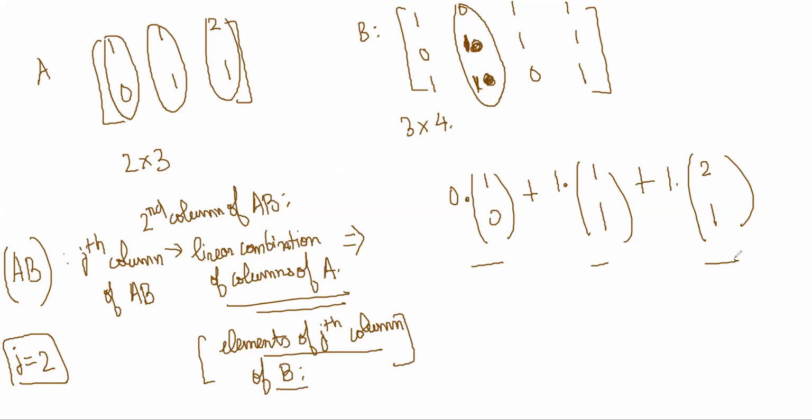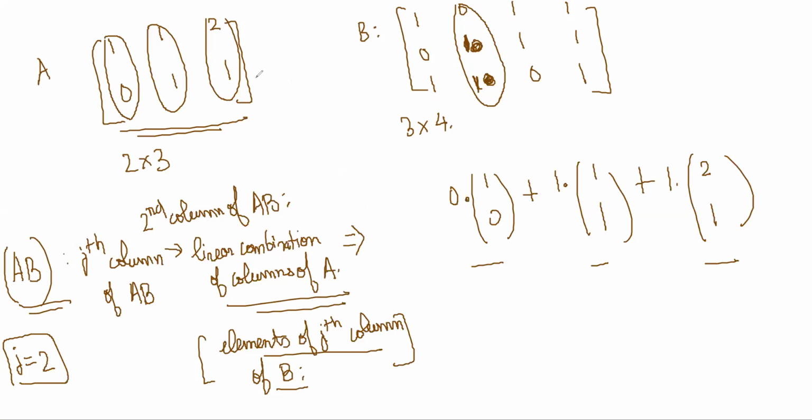This is what the theorem is saying. The second column of AB should always be this. Are you understanding what the theorem is saying? It's saying that some column of AB will be the linear combination of the columns of A, where the scalars will be the jth column of B.